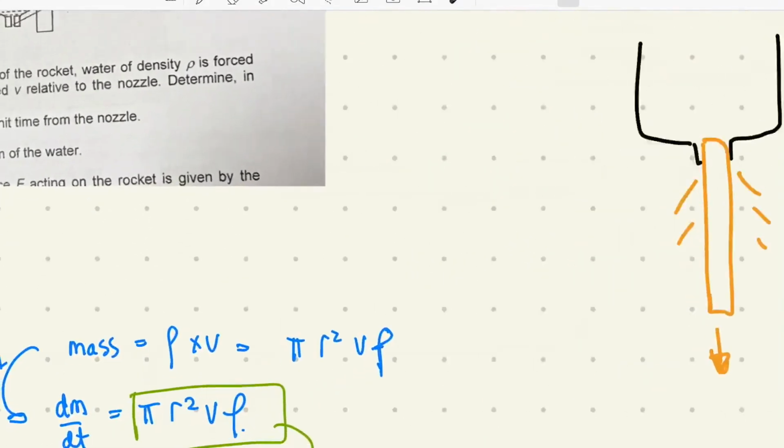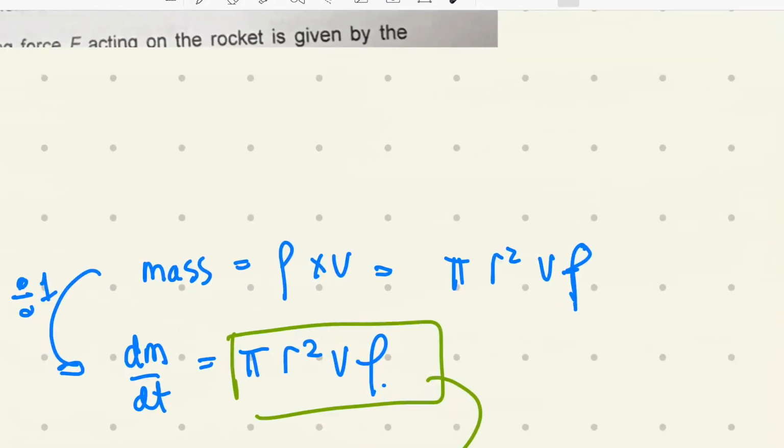That's the volume. Then the mass will be ρ, which is density, times volume. This V is volume, by the way, it's not velocity.